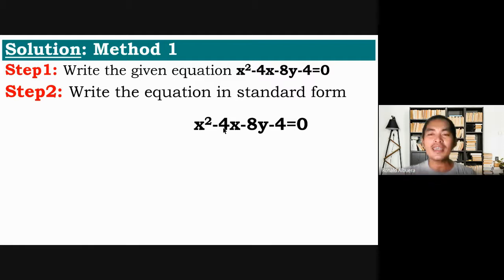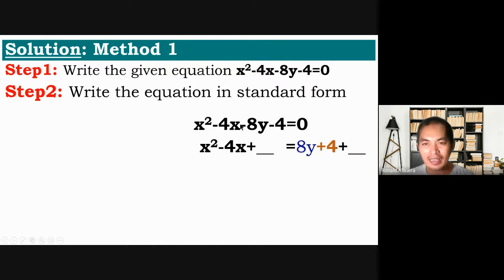Take note, when you transpose a term to the other side of the equation, you always change the sign of the term. So it became now x squared minus 4x plus blank equals 8y. Why did it become 8y? Because that is negative 8y. When you transpose, it became positive 8y. This is negative 4. When you transpose, it becomes positive 4.